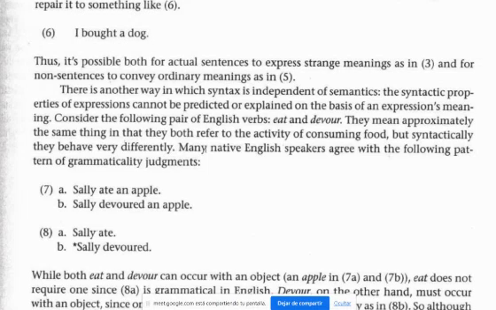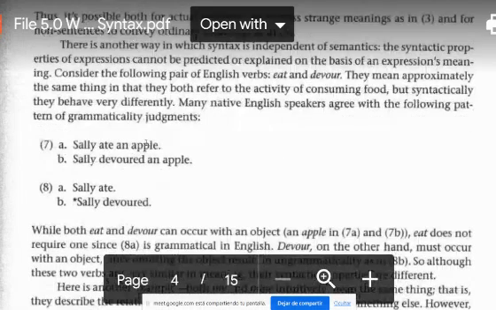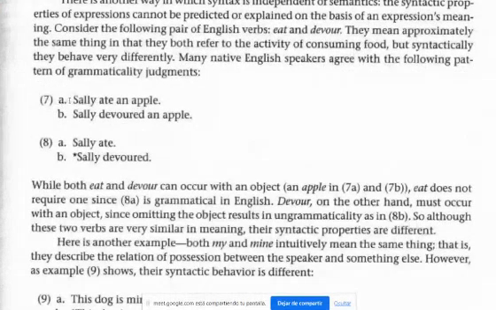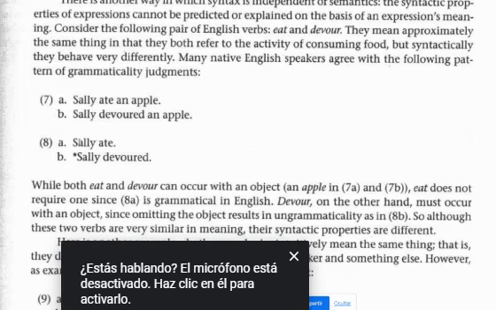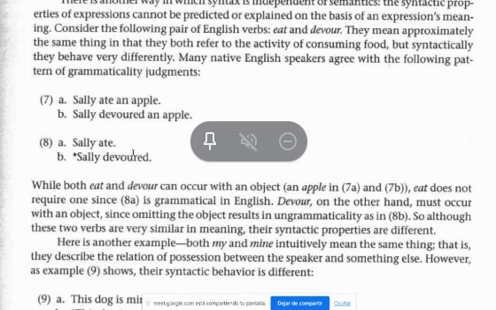uses. Many native speakers agree with the following pattern of grammaticality judgment. 7a, Sally ate an apple. 7b, Sally devoured an apple. Both of them are what? Correct. But if I say "Sally ate," it's correct. But if I say "Sally devoured," it's not correct.